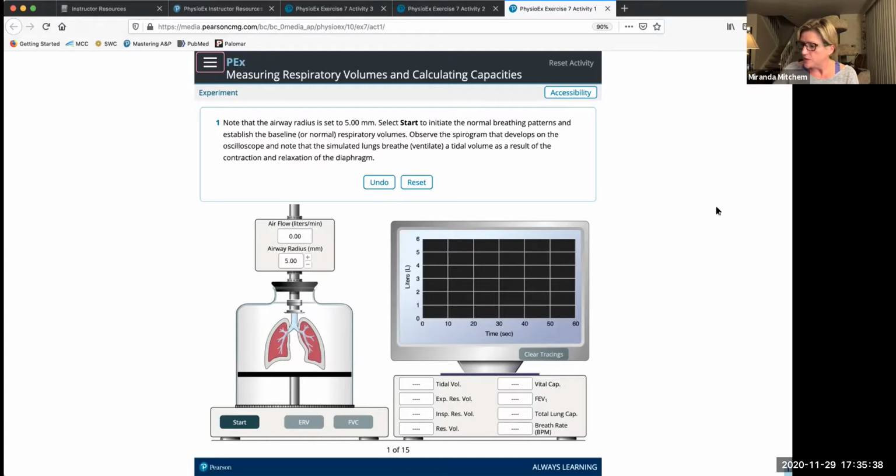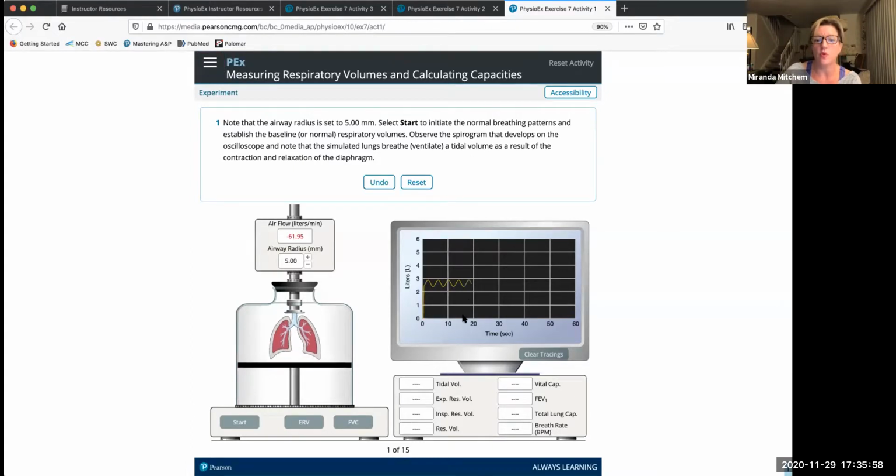Okay, we're going to hit start as it says. Our air weight radius is set at 5 millimeters of mercury. So let's hit start and we're going to look at the spirogram as it progresses.